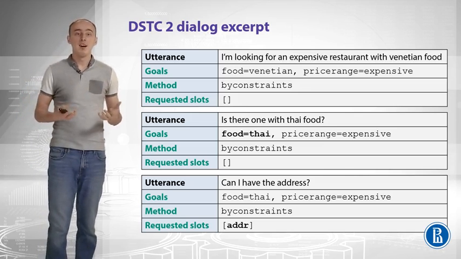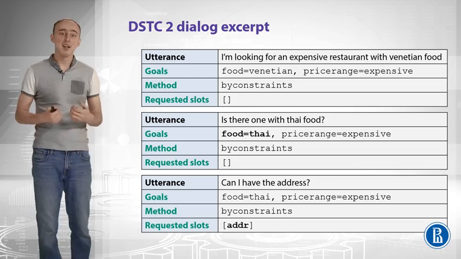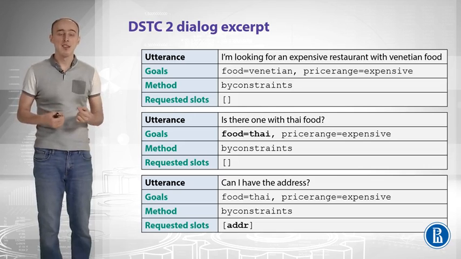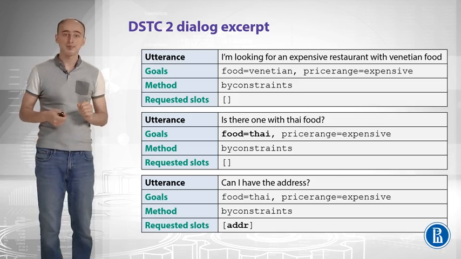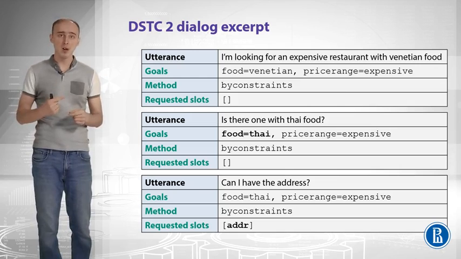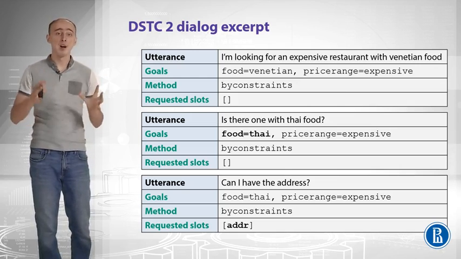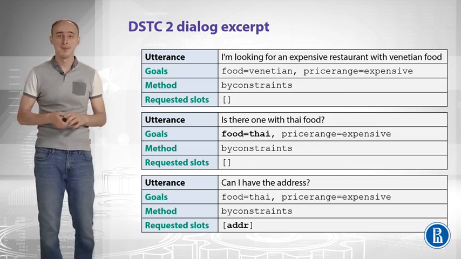And then, when the user is okay with the options that we have provided, they ask, "Can I have the address?" That means that the state of our dialog is the same, but this time the requested slot is the address. So these three components, goals, method, and requested slots, are our context that we need to track after every utterance from the user.